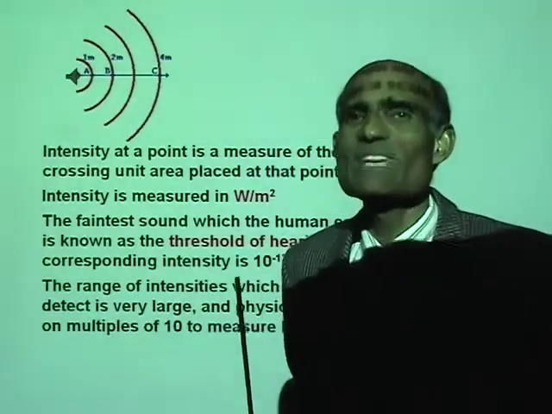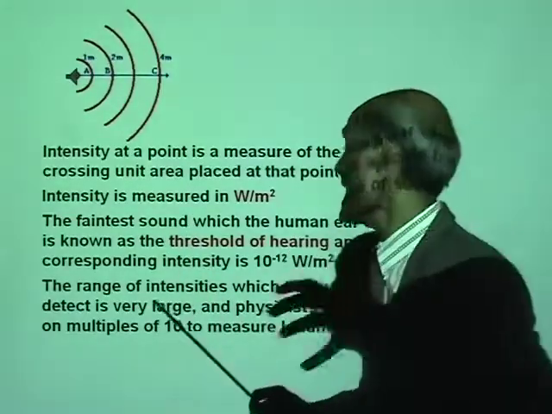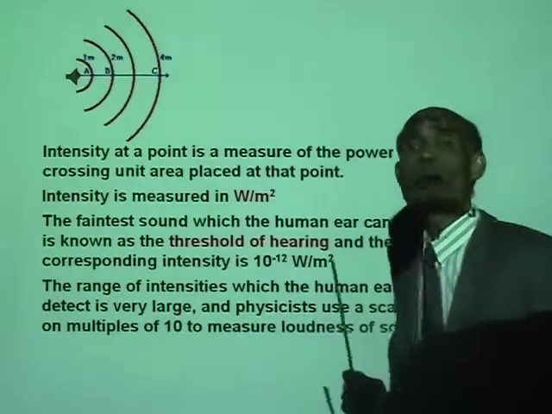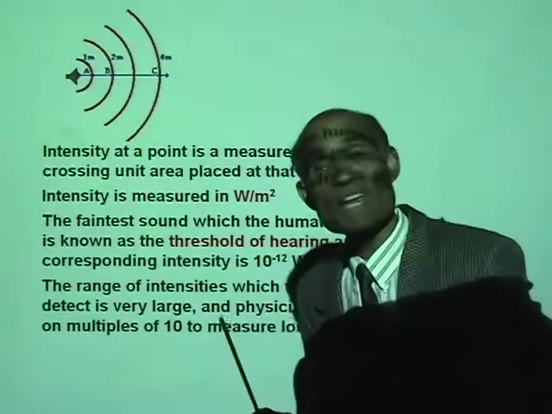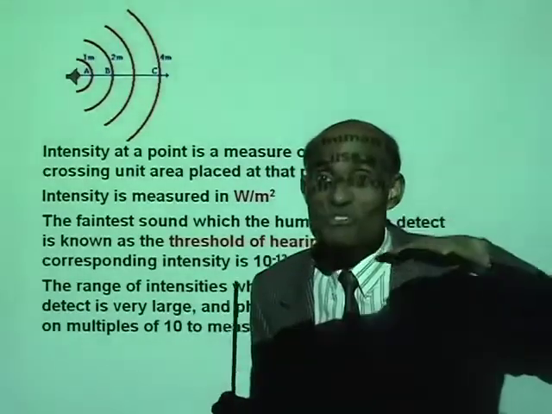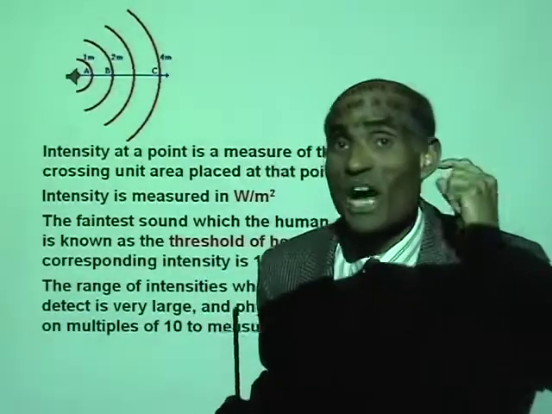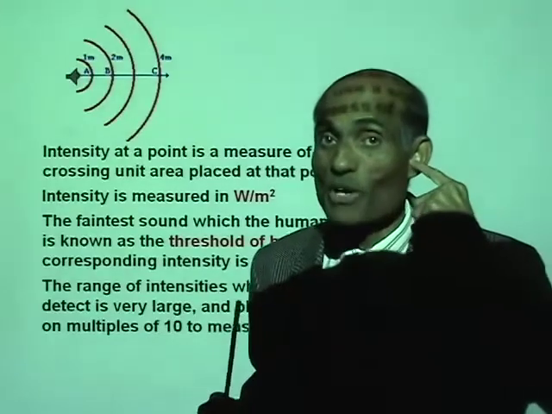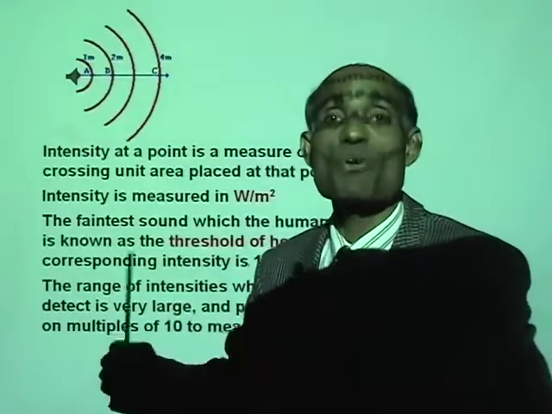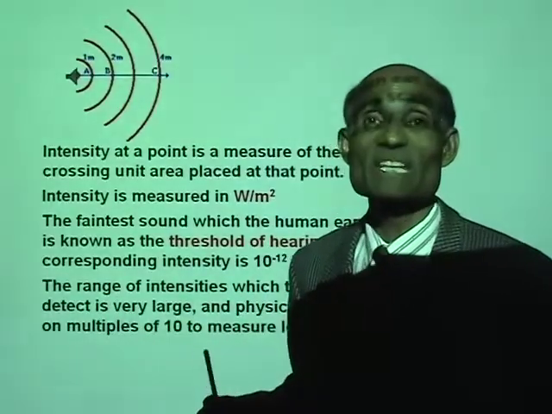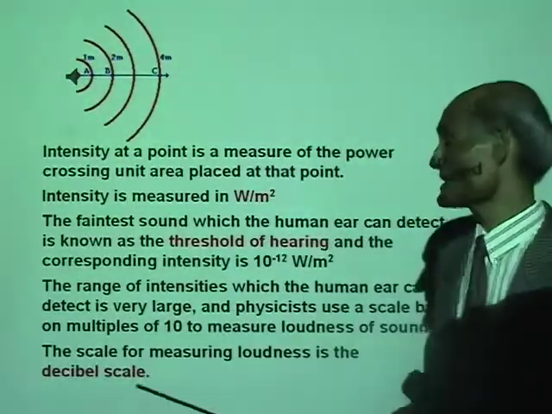It is one trillionth of a watt per square meter. One part in a trillion. So that is the threshold of intensity. In other words, the minimum intensity our eardrum can pick up is one trillionth of a watt per square meter, the threshold of intensity. And we can actually hear a wide range of intensities.